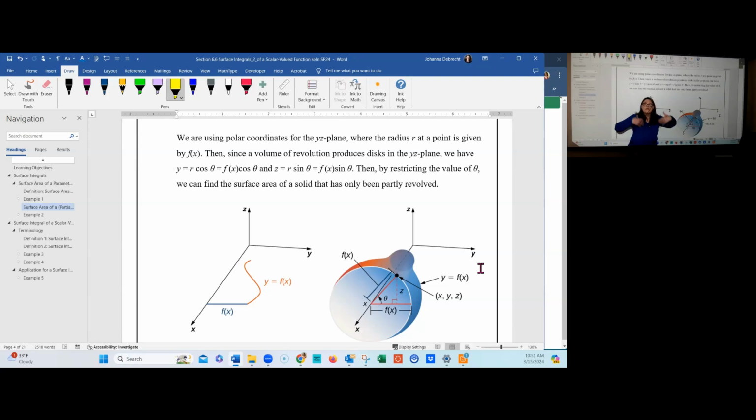So when you revolve it, you get that y is equal to the function value times cosine theta, and z is equal to the function value times sine theta. In other words, you're creating a circle which has been parameterized in terms of x and theta.